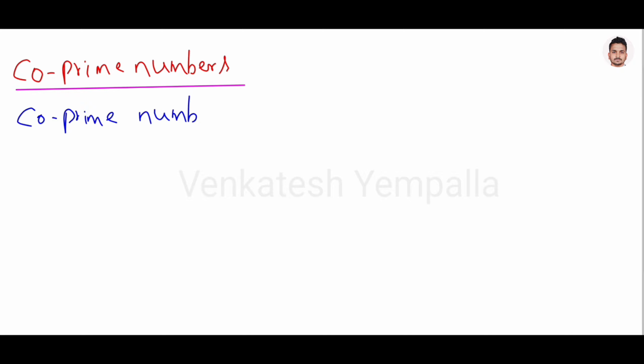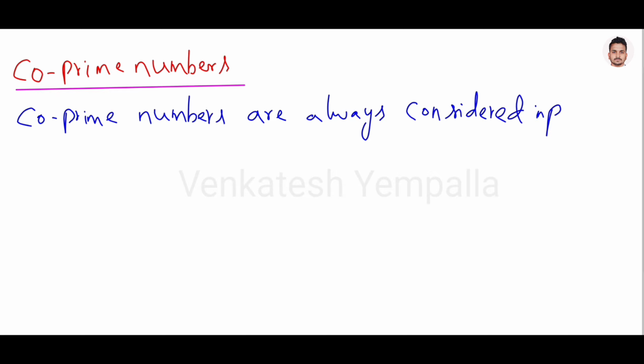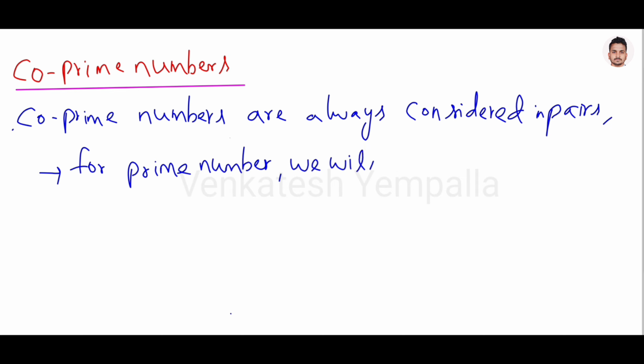Co-prime numbers are always considered as any two numbers in a pair. For a prime number, we consider only a single number. But that is not the case with co-prime numbers.